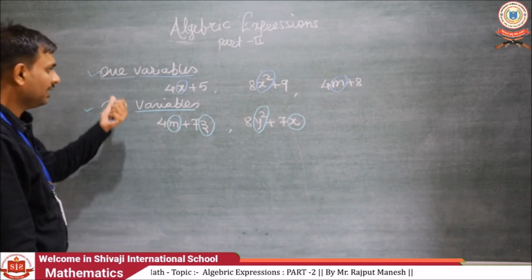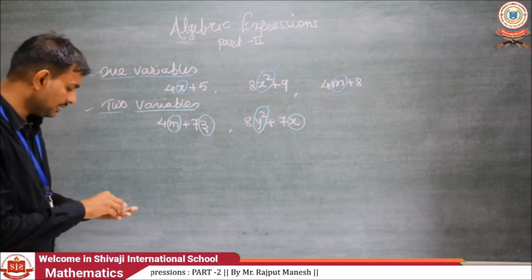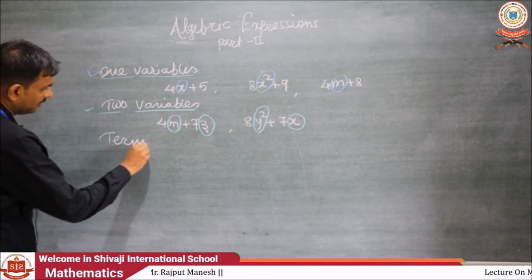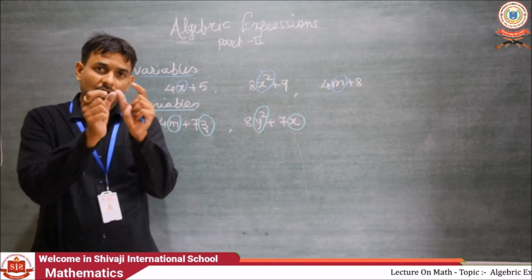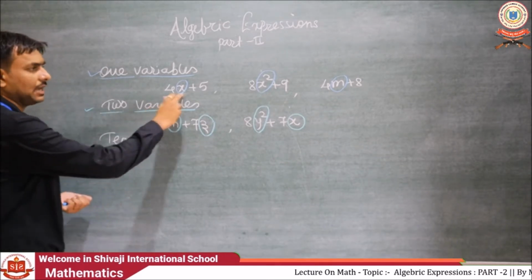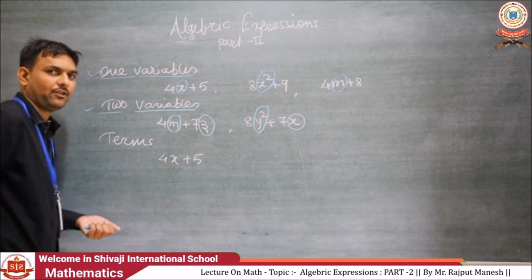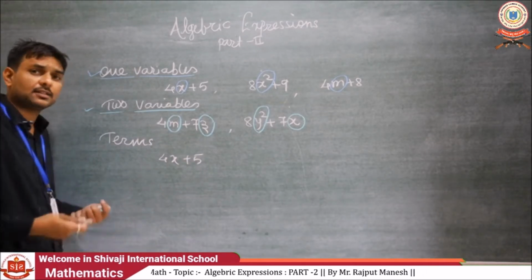It was a very simple topic that we have covered. Then the next one is terms. Now again, what do terms mean? Suppose I repeat the same example here, 4x plus 5. In this example, what are the terms?